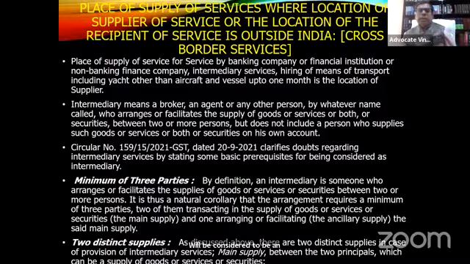And in this kind of transaction, it is the location of the supplier which will be considered to be the place of supply. Therefore, it cannot be considered to be an export of service. And invariably, CGST plus SGST will be liable to be paid.